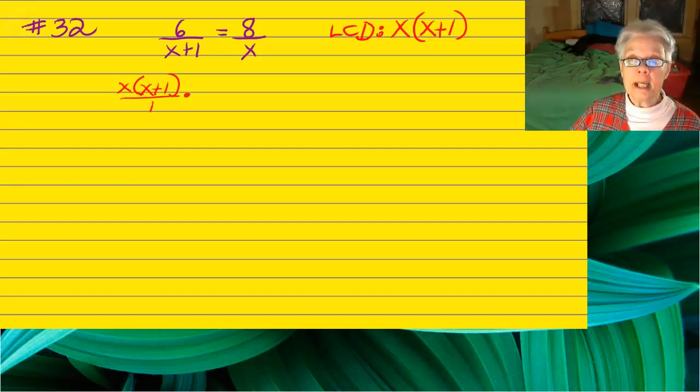So x times x plus 1 is our LCD, and we'll multiply the left side of the equation by it, and we'll multiply the right side of the equation by x times x plus 1 over 1. And of course, we will then cancel.